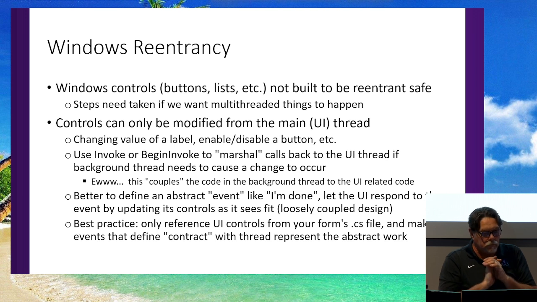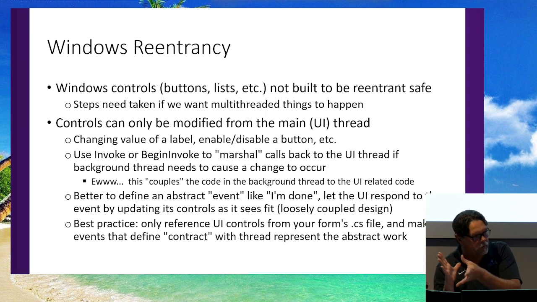So the way you do that, circling back to this, is when you define an event where you're going to communicate between the background process and the UI process, you make it abstract. You don't say, set the text of that button to click me. You say, it's time to change what I tell the user, the state of the application is now I'm able to be activated.